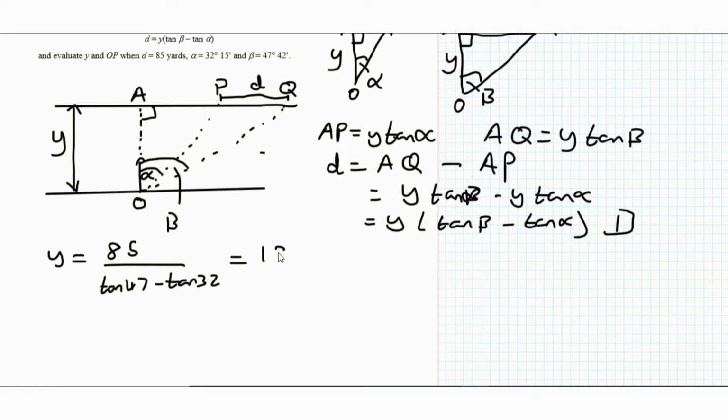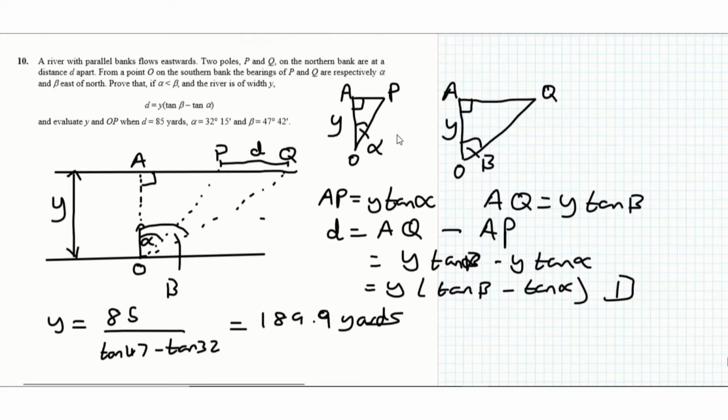And then to find OP, we'll just go back to these triangles here, and we've got y, and now we're trying to find the hypotenuse, and we've got this angle alpha, so that's the adjacent and the hypotenuse.